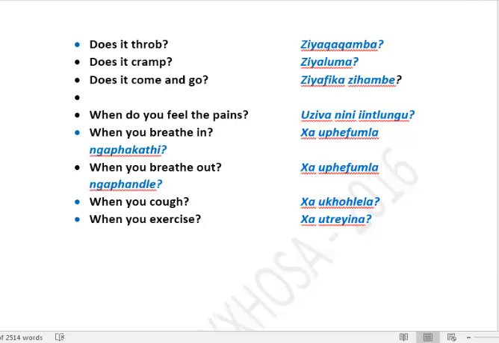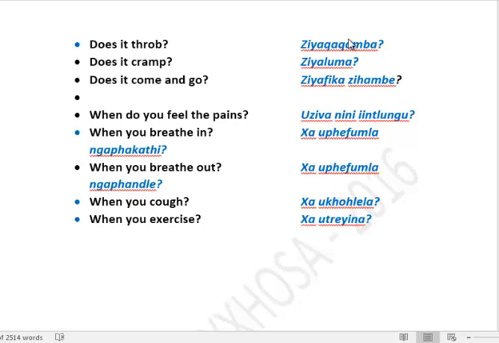Xa uphefumla ngaphakathi, when you breathe in. Phefumla, breathe, ngaphakathi, in. Xa uphefumla ngaphandle, when you breathe out. Xa ukhohlela, when you cough. Xa utrena, we use a slang word here for training or exercising.